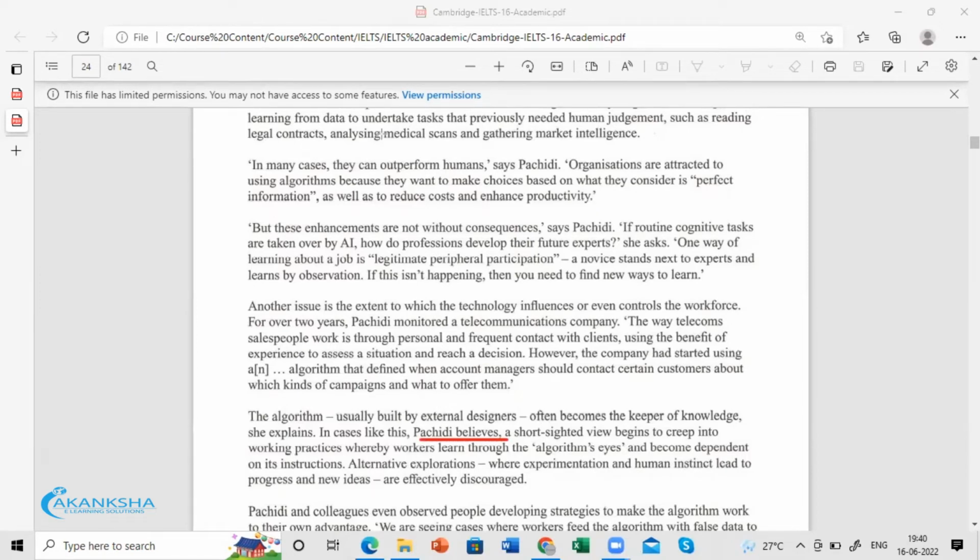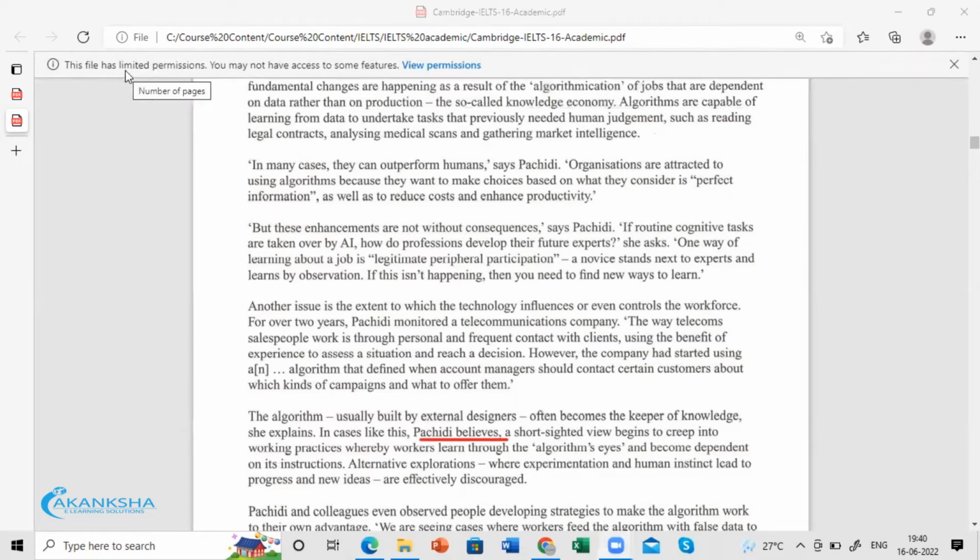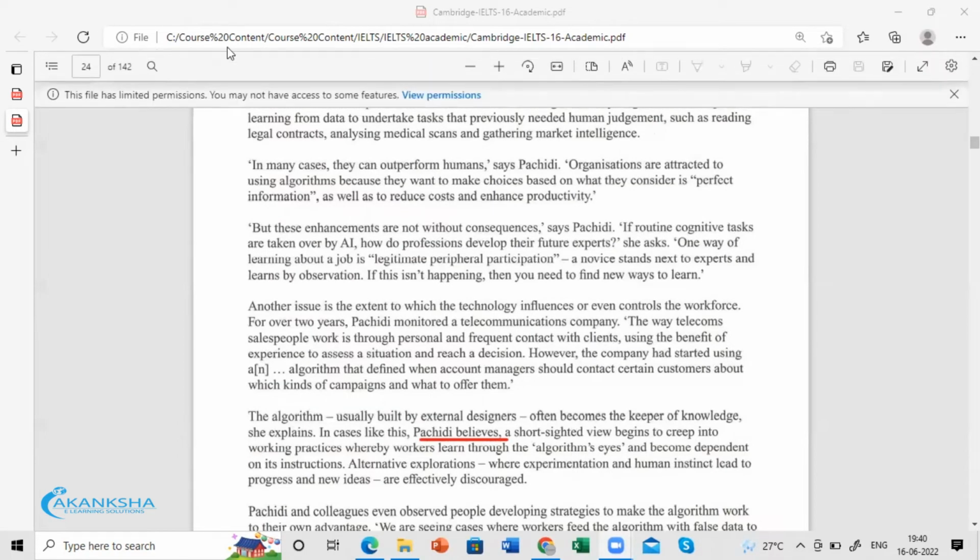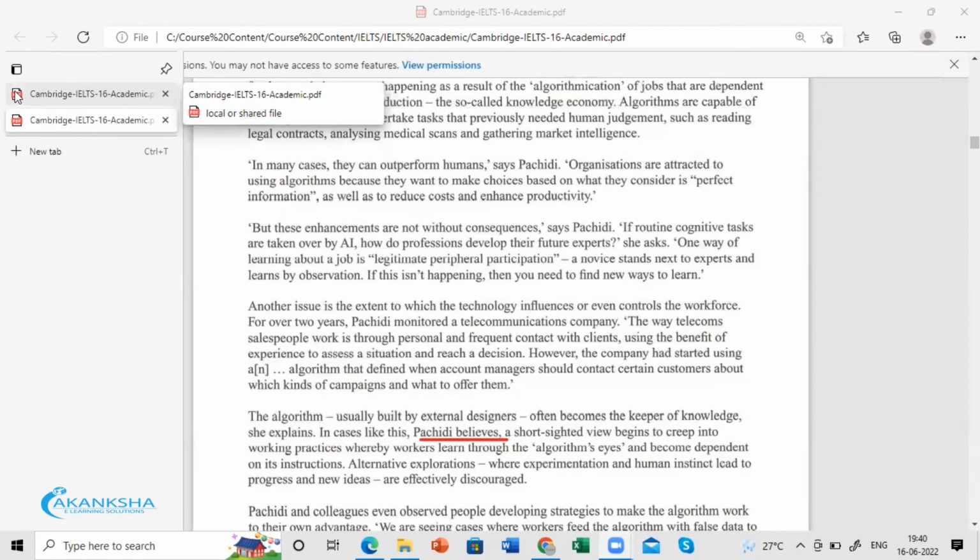So Pechidi is literally mentioned everywhere in the passage. In order to save some time for ourselves, read only the statements where his name is mentioned. That way it's convenient for us. So overall, he's saying that it can improve the work, where it can do a better job than people, but it has some negative things also.